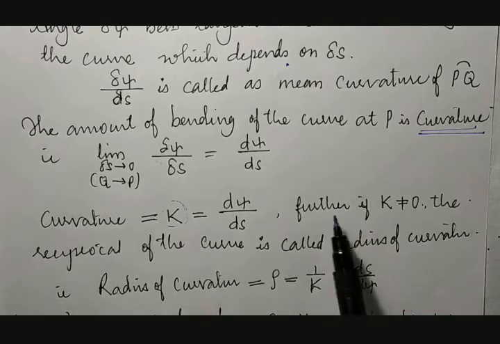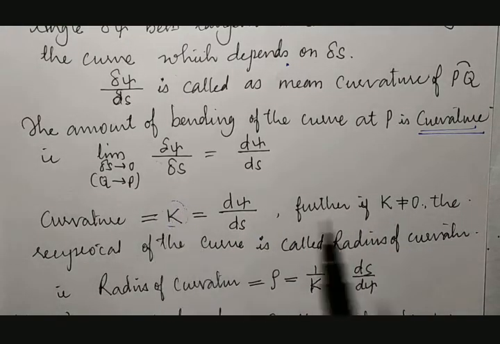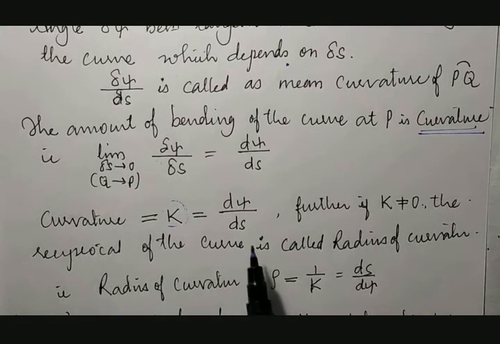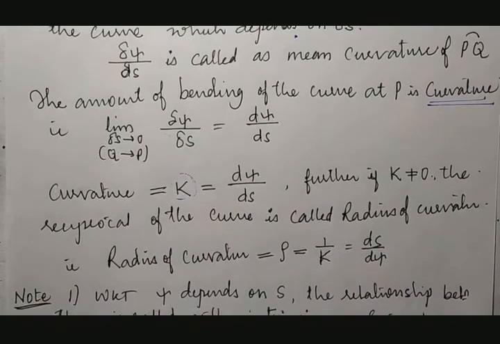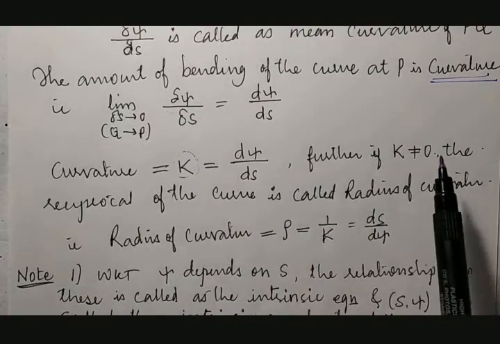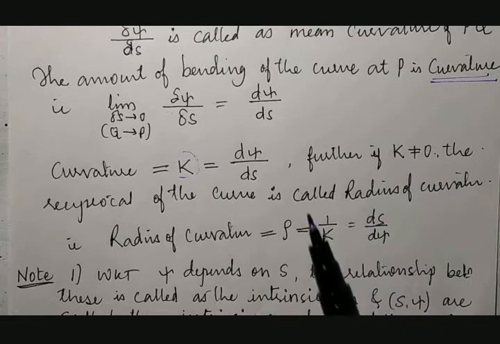Further, if K is not equal to 0, then the reciprocal of the curvature is called the radius of curvature. If the curvature is 0, it cannot be.